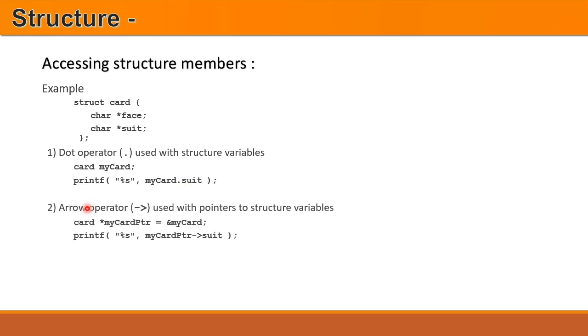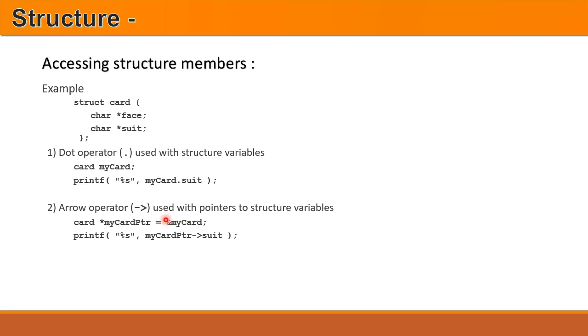The second method is the arrow operator. The arrow operator is used with pointers to structure variables. So this is a pointer that we have created for our card structure, and it has the value of the address of mycard. Pointer variables are variables that contain the address of another variable.